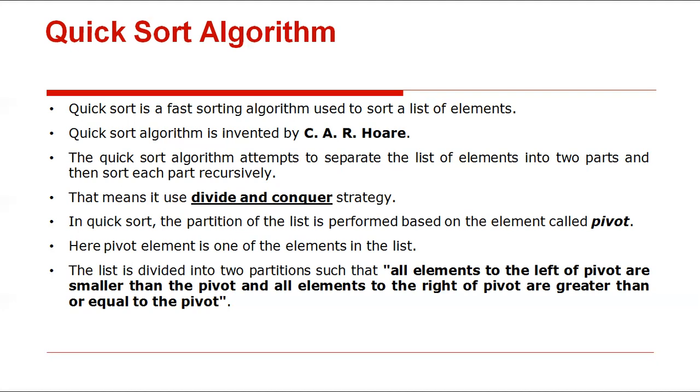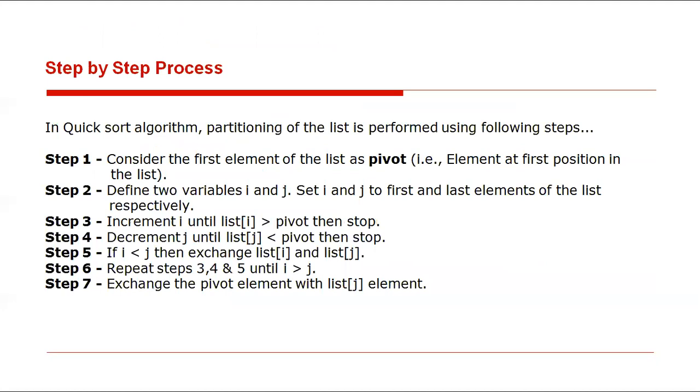So for ascending order, the left side elements are all smaller than the pivot, and the right side elements are all greater than the pivot.